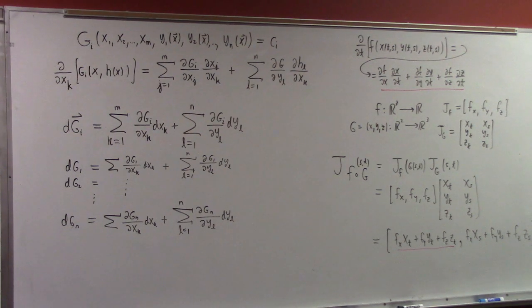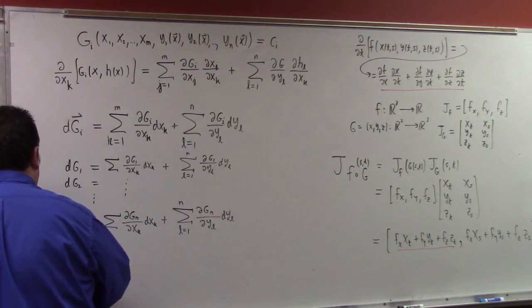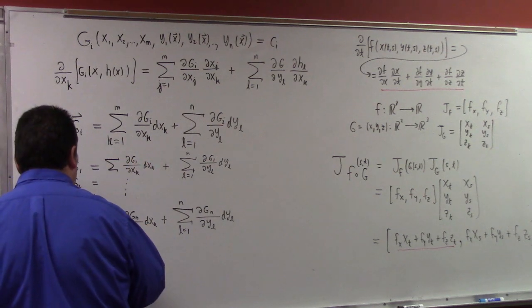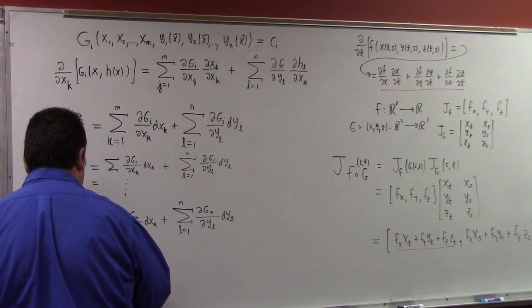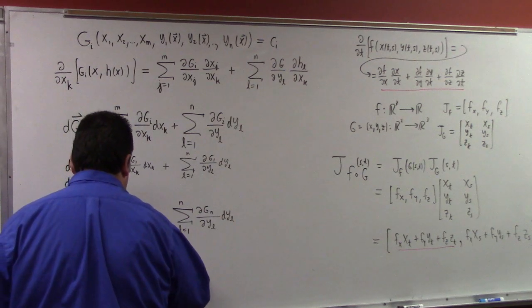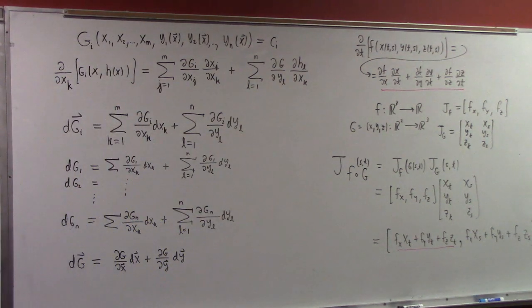I think if I add all these equations, I could look at it as the vector of the differentials for G is equal to the matrix partial G partial X vector times dx vector plus partial G partial Y vector times dy vector, where the dx vector is literally just a vector of differentials dx1 through dxm.